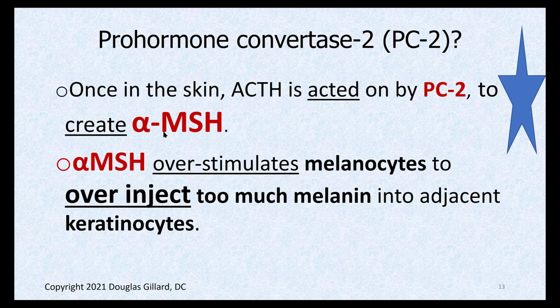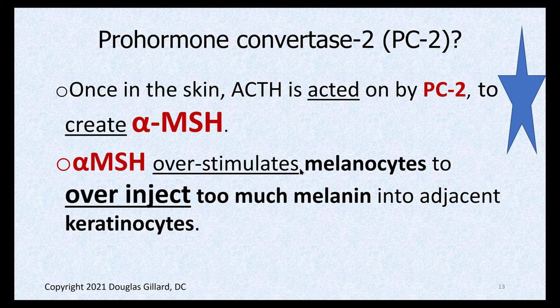And that's called alpha-MSH, melanocyte-stimulating hormone. And MSH can bind to melanocytes. And melanocytes are doing their job as normal. They're always injecting the keratinocytes. But if this binds to them, they go crazy and they just start over-injecting melanin like crazy.